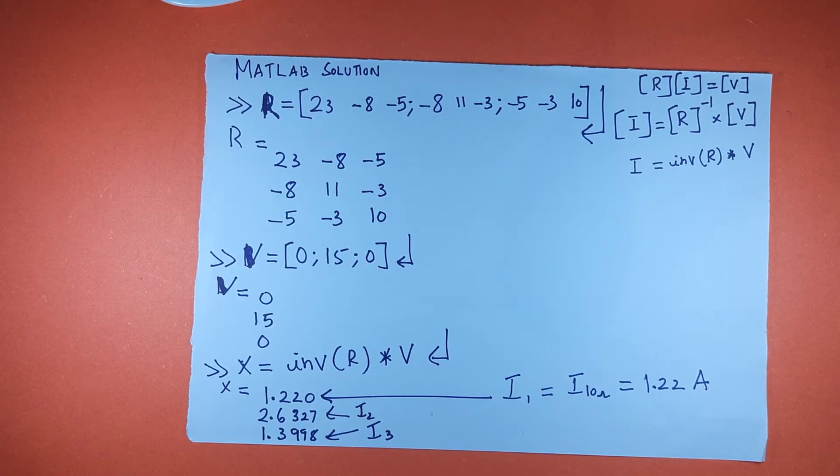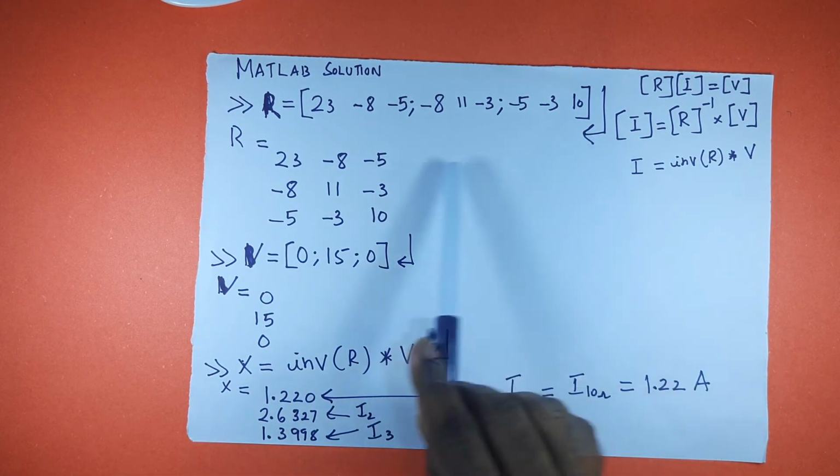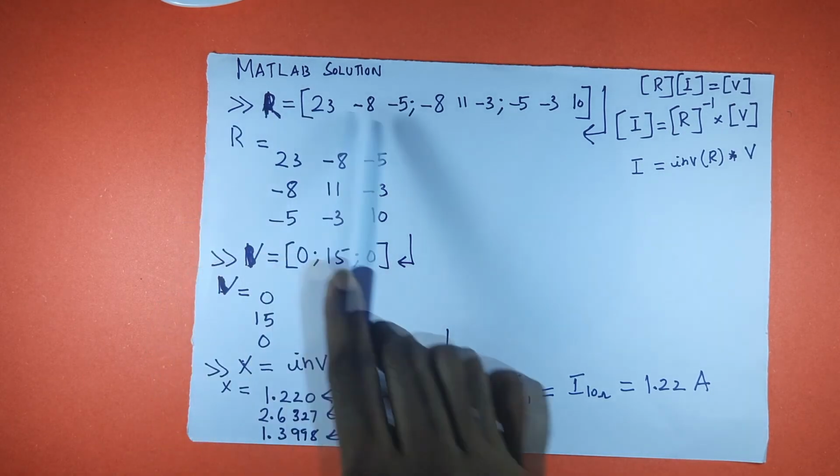So R equals, square bracket open, 23 minus 8 minus 5, semicolon. Second row, minus 8, 11, minus 3, semicolon. Third row, minus 5, minus 3, 10. Press the enter key. So this is going to be your R matrix.